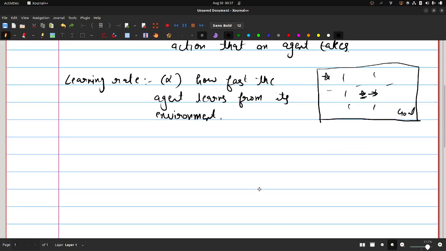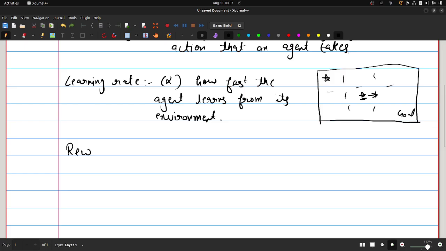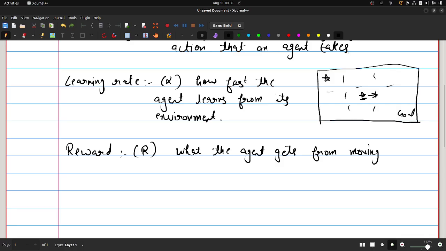And then we have the reward. Reward we denote by R. It is what the agent gets when it moves from one state to another.